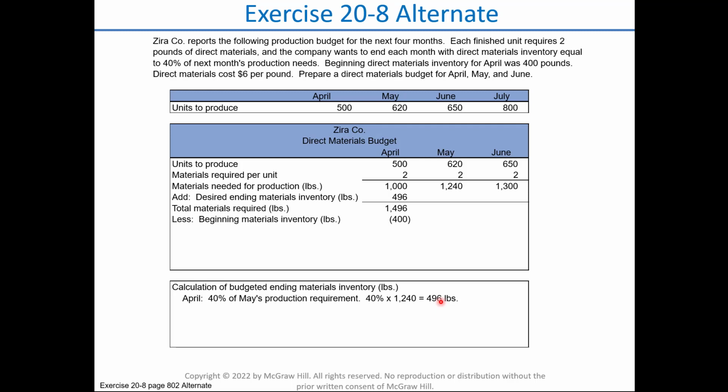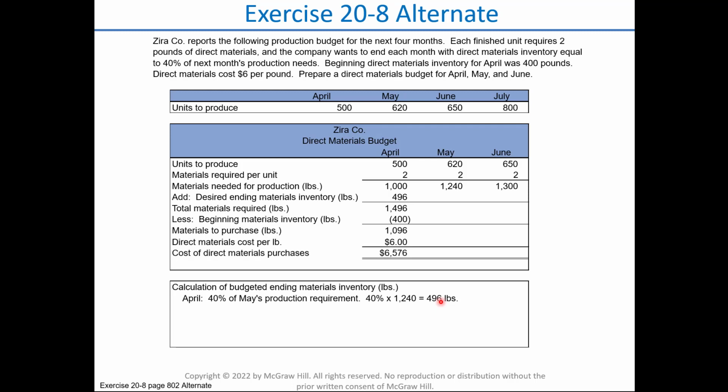They told us it was 400 pounds at the beginning of April. This will tell us how many pounds of material that we need, and we'll multiply that by the cost per pound. So in the month of April, they will spend $6,576 purchasing their direct materials.